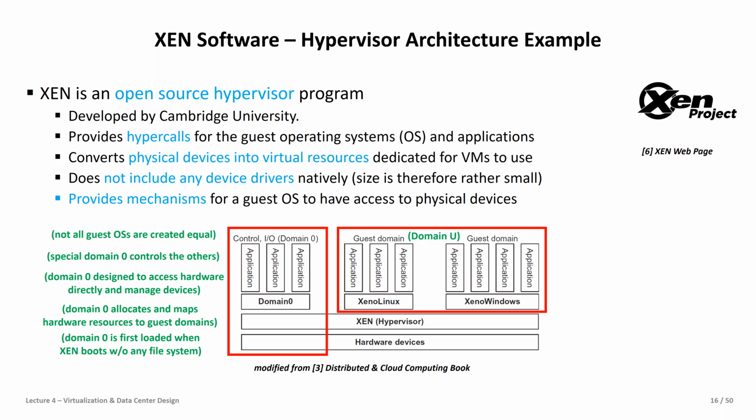There are different guests in the domain U, which could be a Linux system or a Windows system, but the domain 0 is a very special one. So it's not equal anymore. With this, the applications running in domain 0 and in the different domain U, Windows and Linux, have different rights regarding what to do and what not. This is something to consider with the hypervisor architecture of Xen, for example.